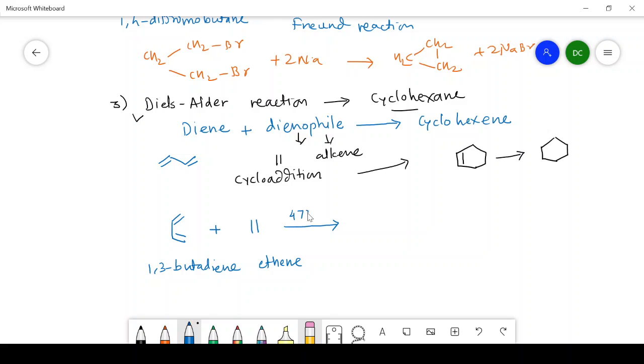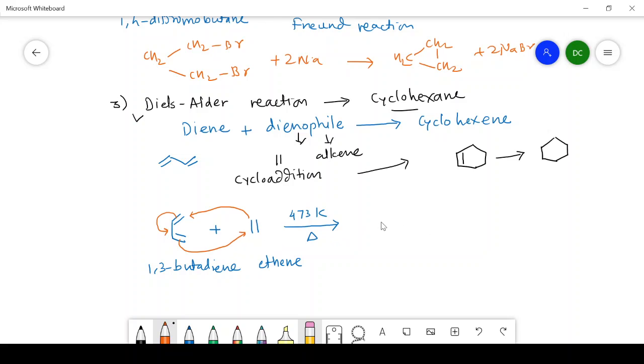So temperature is 470 Kelvin, and in this reaction this carbon undergoes reaction, the bond shifted here and it attacks on this carbon.